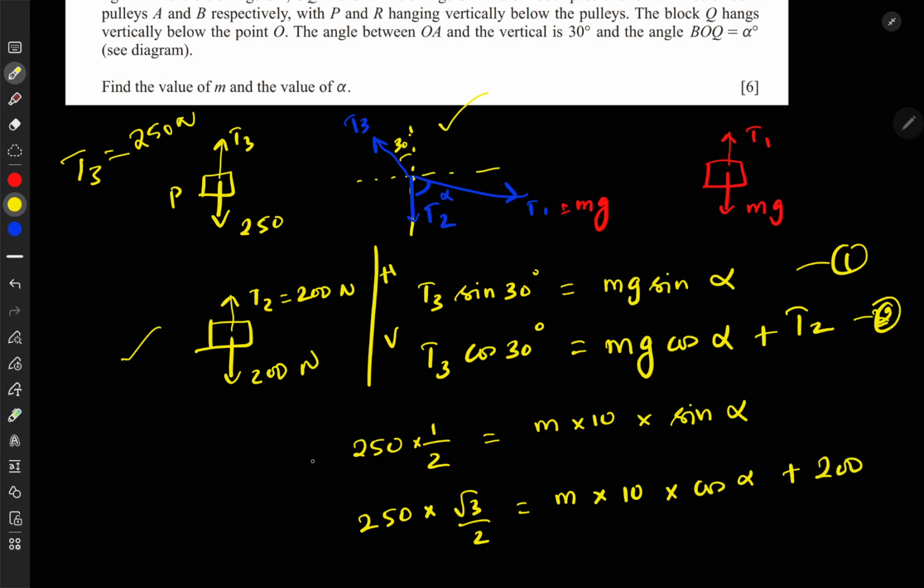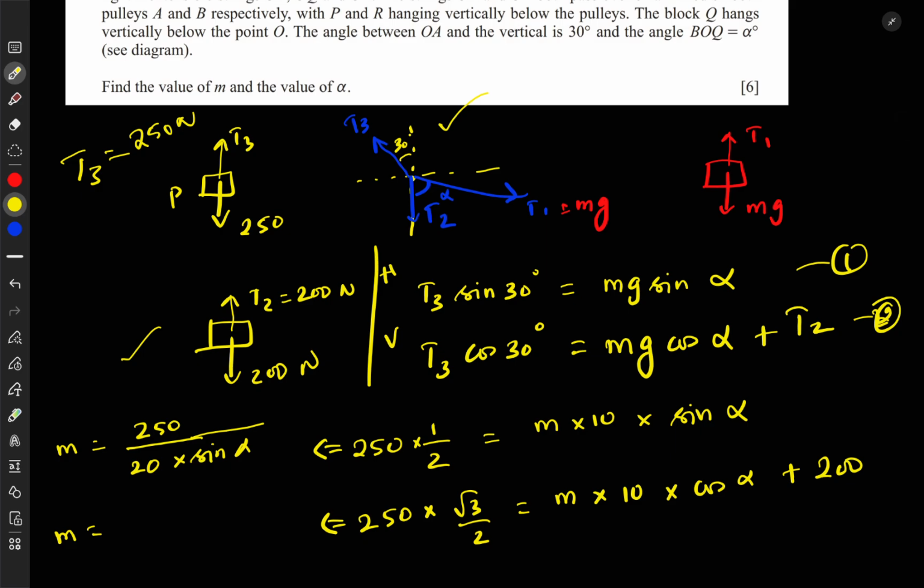Now if I calculate this, 250 by 2 divided by 10, m will come as 250 divided by 10 into 2, which is 20, into sine alpha. From the second equation, m will come as 250 root 3 by 2 minus 200, divided by 10 cos alpha.